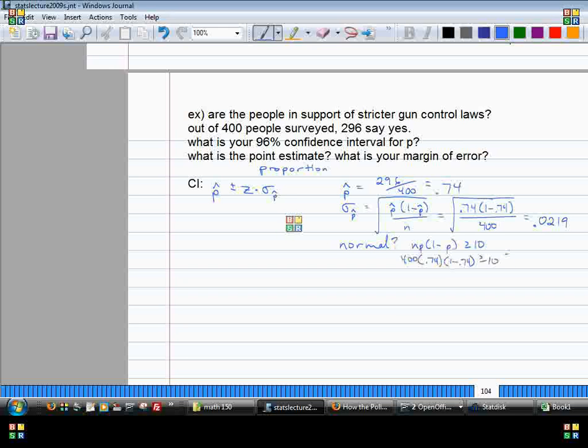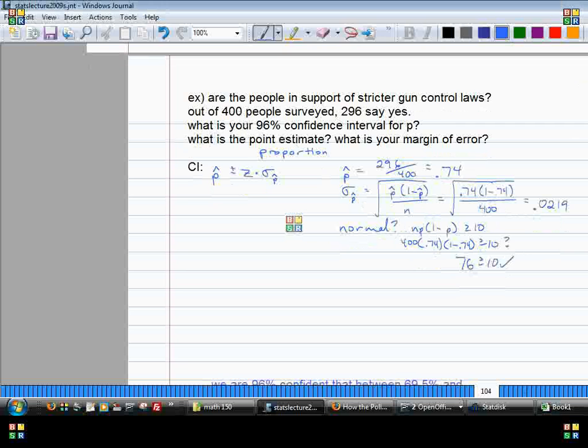Is that at least 10? It's 76 something or other, certainly bigger than 10. So it's normal.